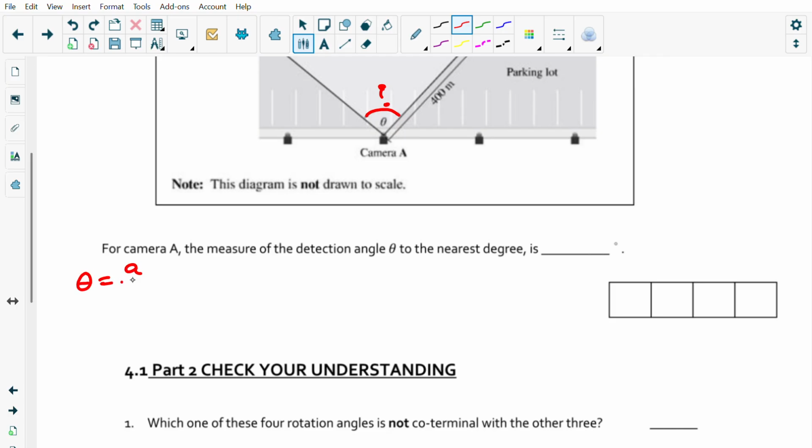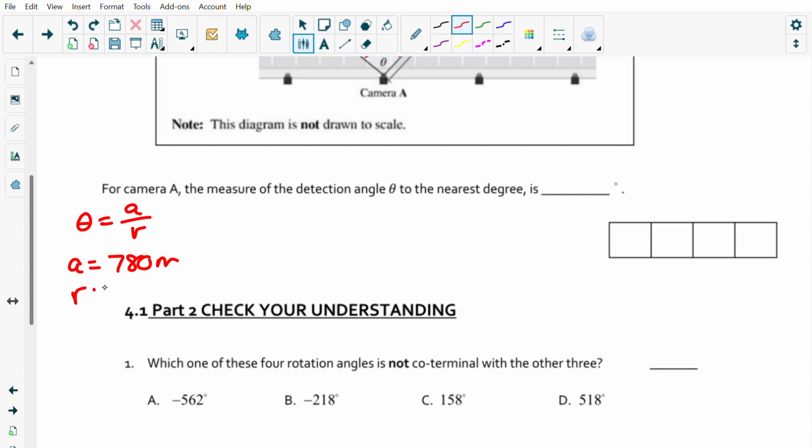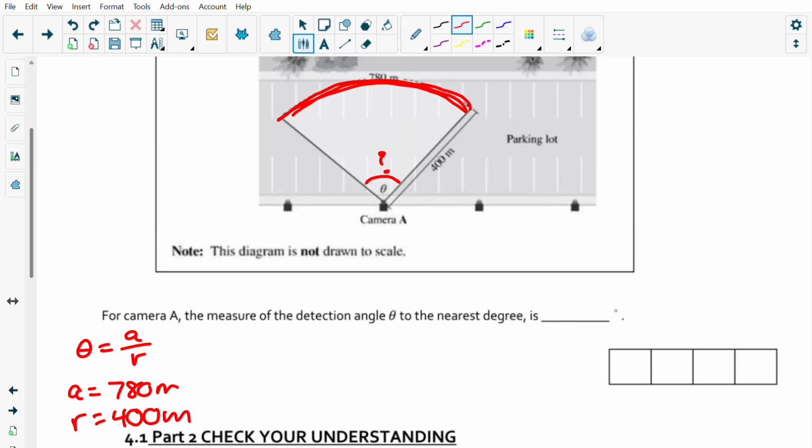Okay, here's our formula. Theta, central angle, equals arc length divided by radius. My arc length is 780 meters, so there's my portion of the circle, 780 meters. My radius is 400 meters. Detection distance, they say recognition range, 400 meters.